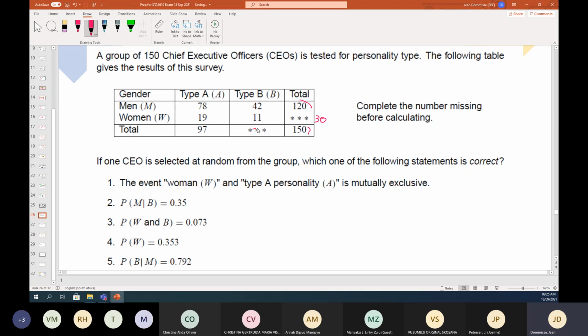Then to get to that one, we could say 150 minus 97, which gives you 53, or we can say 42 plus 11 to give me the 53. So now those two blanks are filled in, and we can go to the rest of the questions.